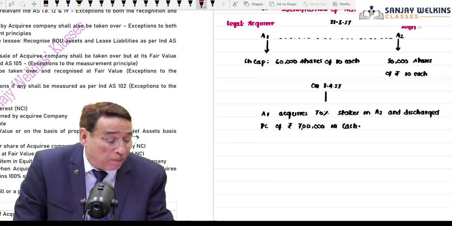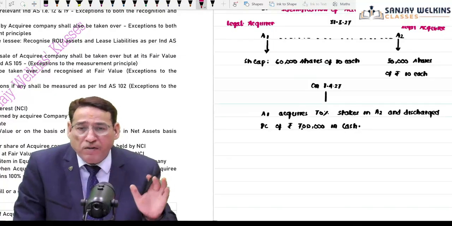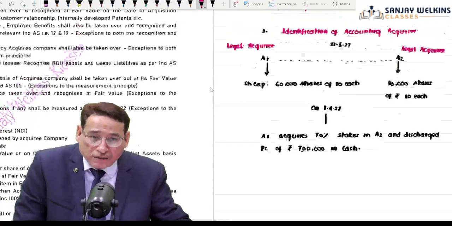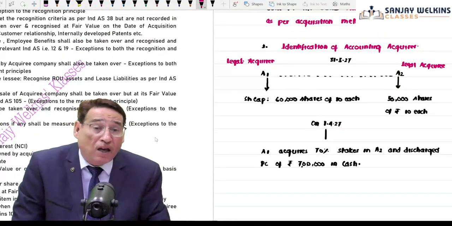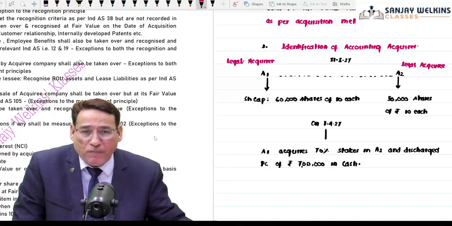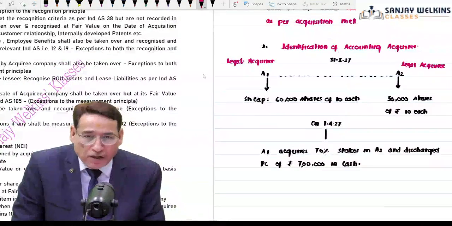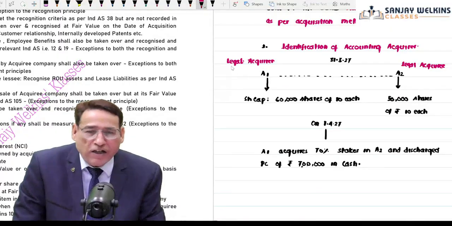But the problem is that the standard says that for accounting purpose, we are not concerned with who is legal acquirer or who is legal acquiree. The standard says that we are interested in knowing who is the accounting acquirer. To be very honest with you, in practical life, 99.99% the legal acquirer itself will also be the accounting acquirer.